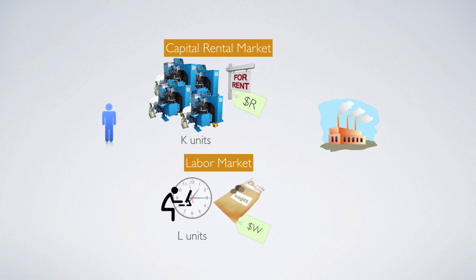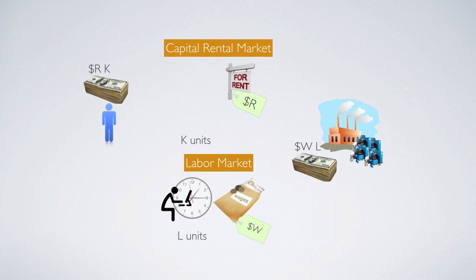Given the rental price for capital R and the wage rate W that he sees on the market, if the firms want to hire this supply, the firm has to pay cash. For capital rental, the firm has to pay out a total of R times K dollars to the household in order to rent his machines for one period.